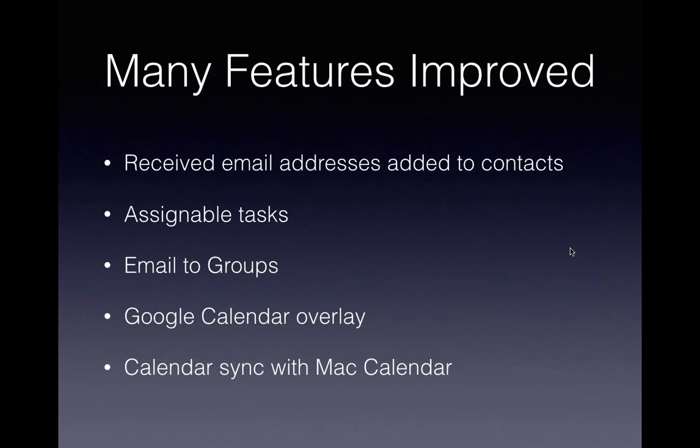Something that's new in 12.1 and improved in 16 is assignable tasks. So using the standard desktop client, or the FCWS, the FirstClass Web Services, or the Go client, the mobile clients for iOS, Android, and Windows Phone, you can create a task in your calendar and then assign it to someone, and that will be trackable, so that when they get the assignment, they can acknowledge it, and you can see the progress as it's entered along the way.